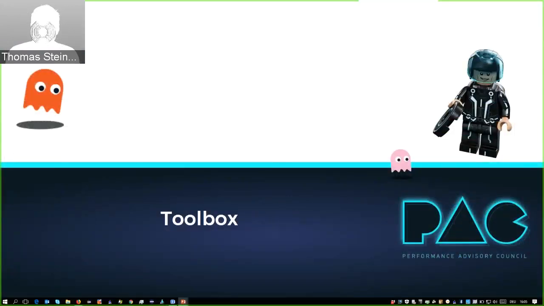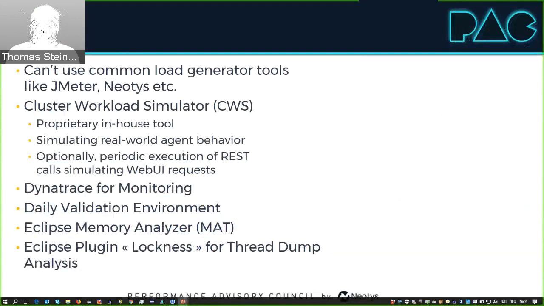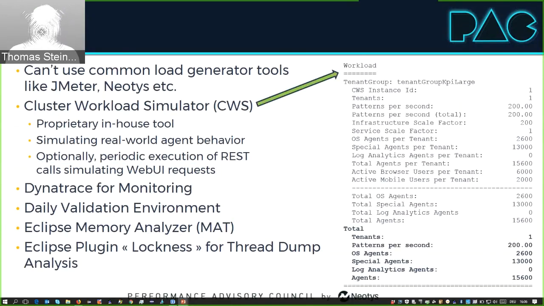Okay, a bit on the toolbox we are using. Unfortunately, we cannot use common load generator tools like NeoLoad and JMeter, for instance. So we have very specific requirements for a load generator because we more or less need simulating real agents, right? So we built something we call cluster workload simulator on our own.